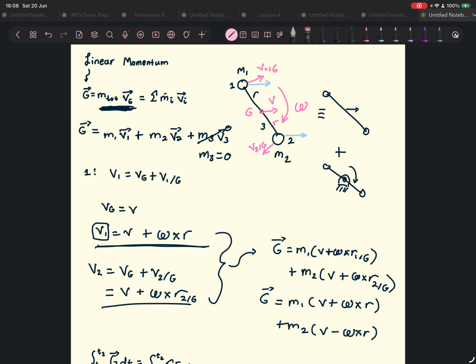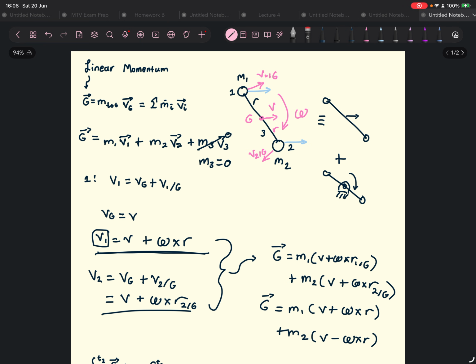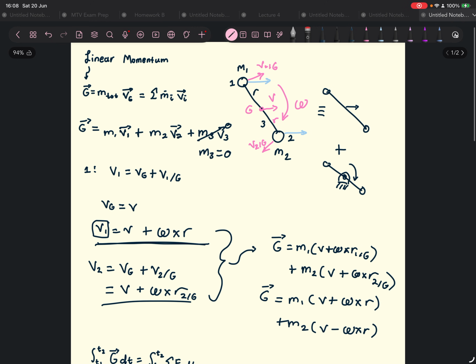And then if you were given the absolute velocity of each particle, don't waste your time and try and find the velocity of the center of mass. Then just use this equation over here. Okay, but you can use either one and you will get the same answer. Okay, hope that makes sense.